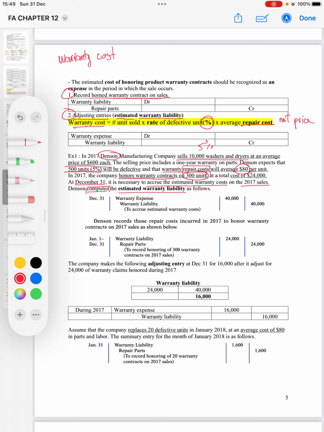Okay, so I will write here. Warranty cost equals the total units. So there are 10,000 units of washers and dryers sold, multiplied by the rate of defective units, 5%, multiplied by the average repair cost, 80.